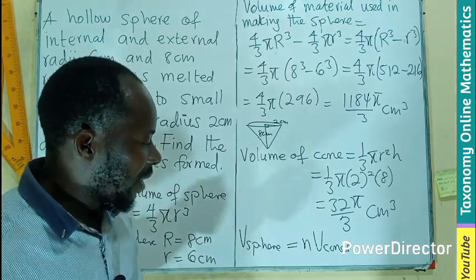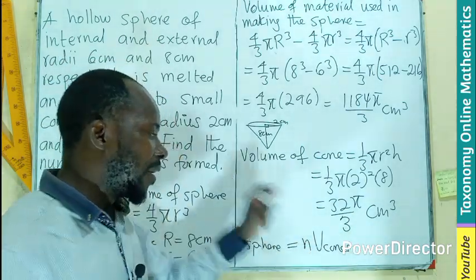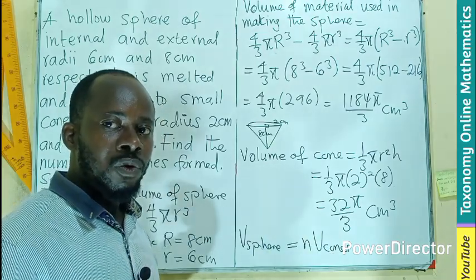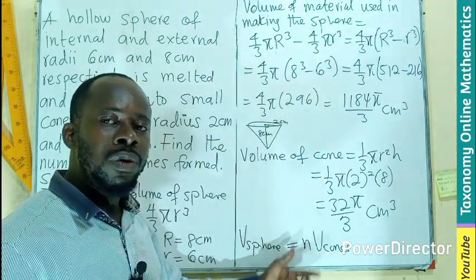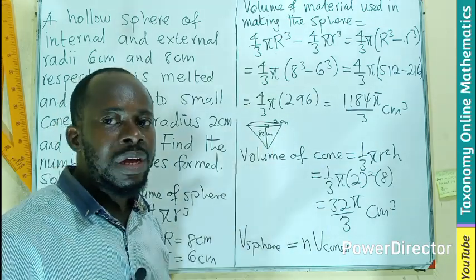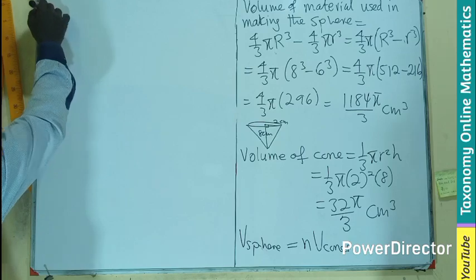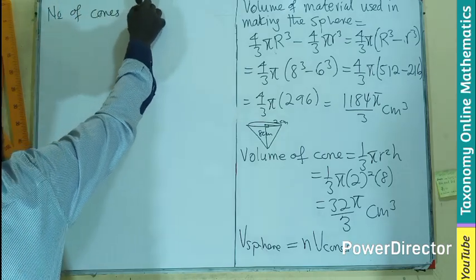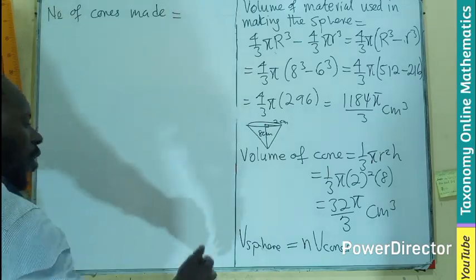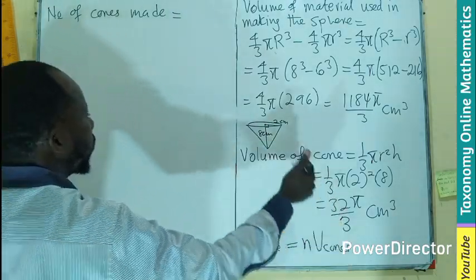And if that is the case, I am looking for this number of the cone. So I divide by the volume of the cone. So dividing the volume of the sphere we had by that of the cone gives us the number of cones that were made. So we can say that number of cones made will be equal to the volume of sphere divided by volume of cone.